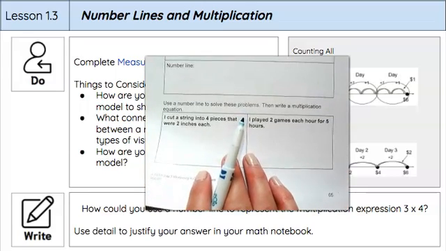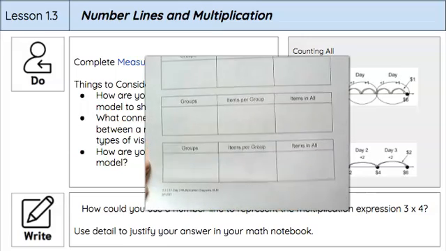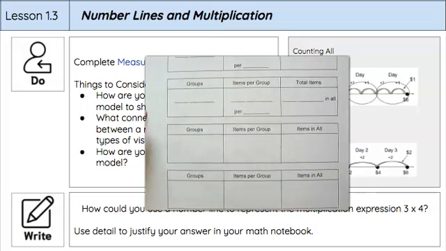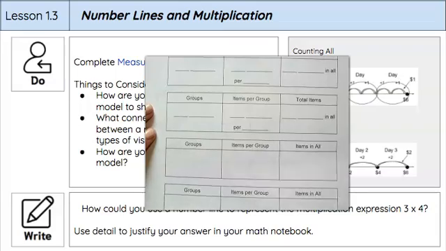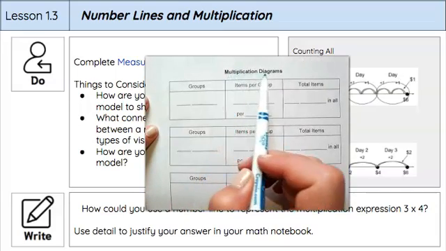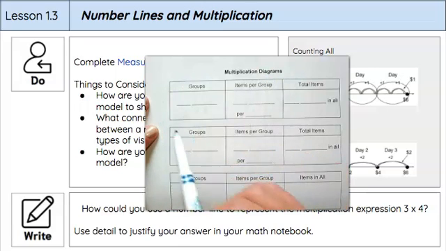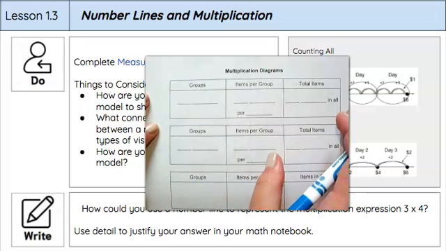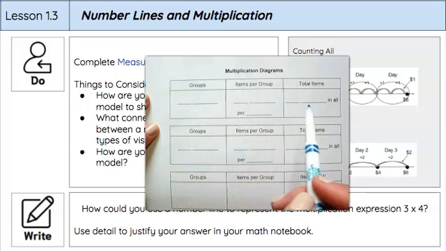Now I want to show you one more thing that could be helpful. In the resource part of your packet, you have this worksheet called multiplication diagrams. You can refer back to this many times because it helps you organize your multiplication equations.